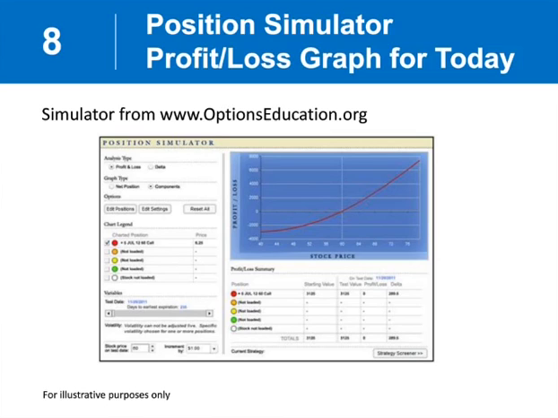You have the capacity also to change the implied volatility levels, days to expiration, price of the stock, any number of different parts of your position and different Greeks can be adjusted in time, and it's just a fantastic tool to allow you to get a sense for where your option prices will go as the underlying moves up, down, or remains stagnant. So that's the position simulator under tools and resources on the home page.